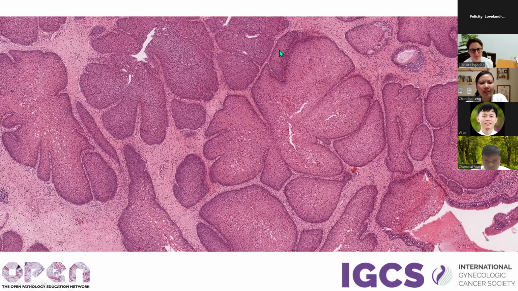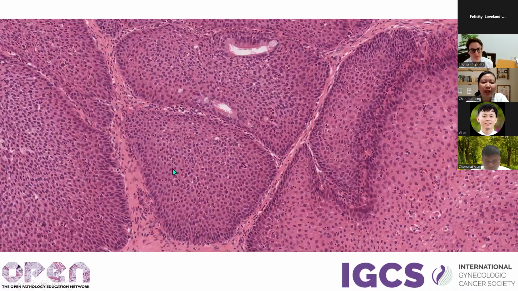visible invasion. At high power, we see the tumor nest composed of squamous cells that are monomorphic, and we didn't see any atypia or pleomorphism, and there is no mitotic activity seen.